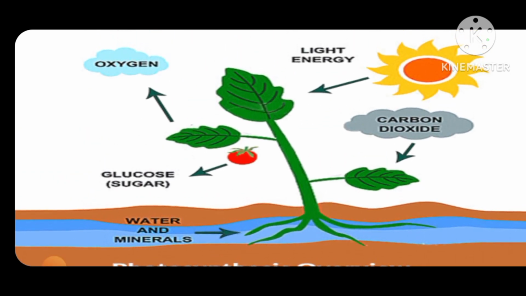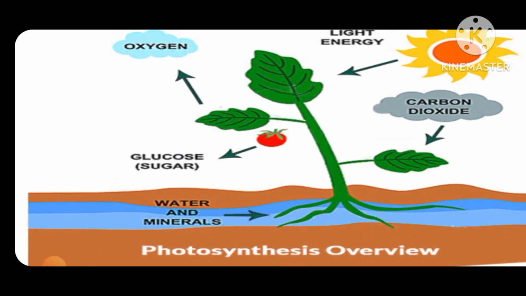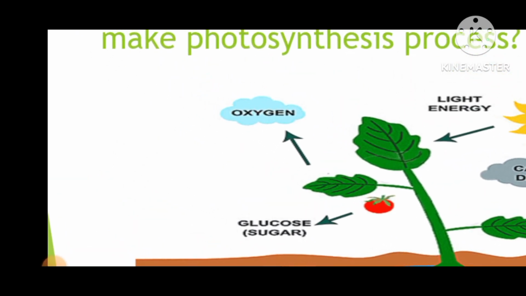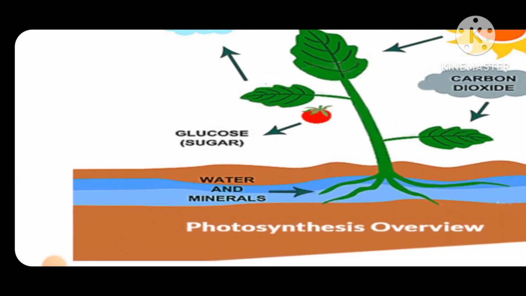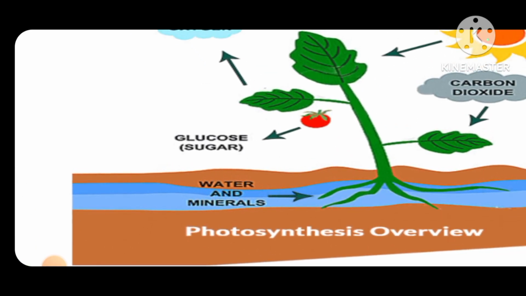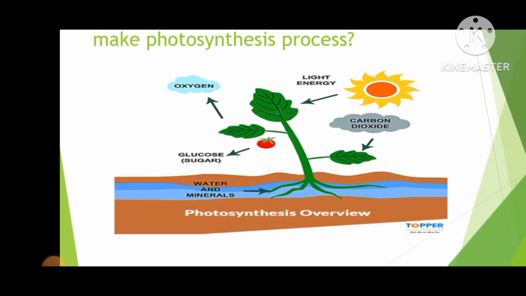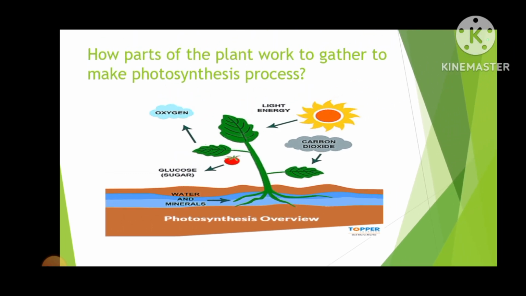After that, stem transport water and the nutrients from root to leaves, and leaves absorb light, energy, and carbon dioxide. After that, plant produce oxygen to the air and glucose or sugar that used to energy to grow, and so on. But how these materials transfer inside the plant?